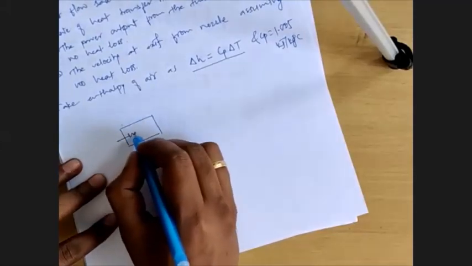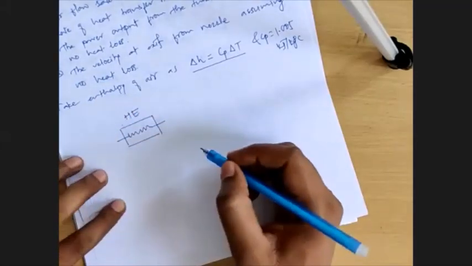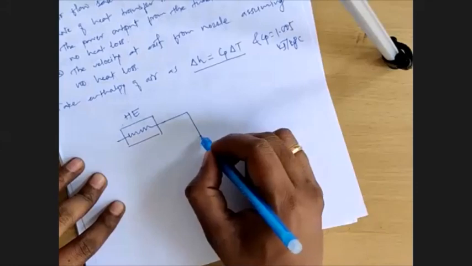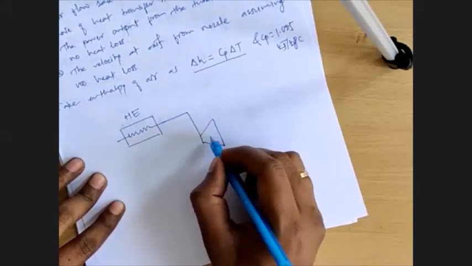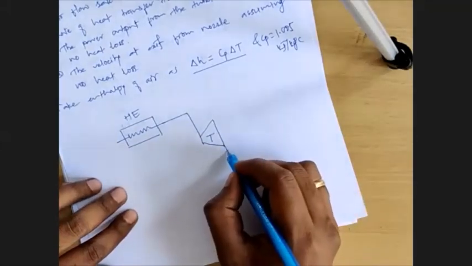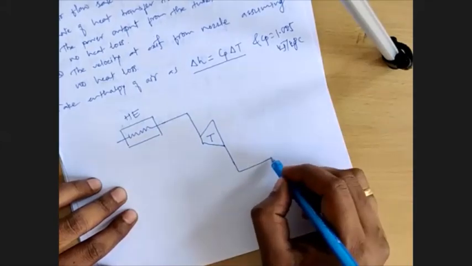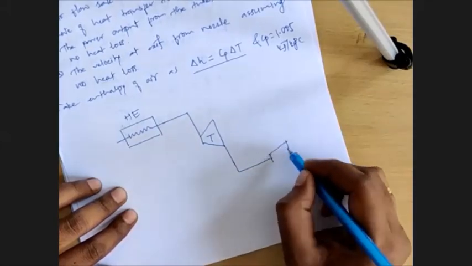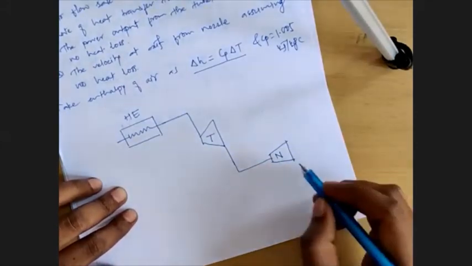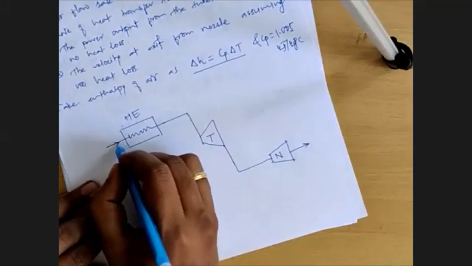When fluid comes out of this, it is supplied to a turbine. And from the turbine, it is further supplied to a nozzle. And from the nozzle, it will go out of the system.